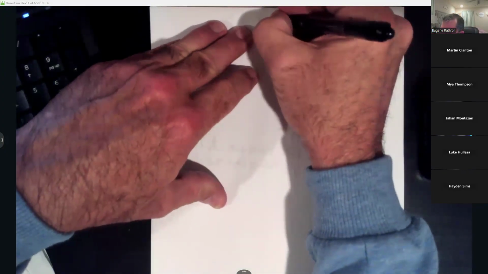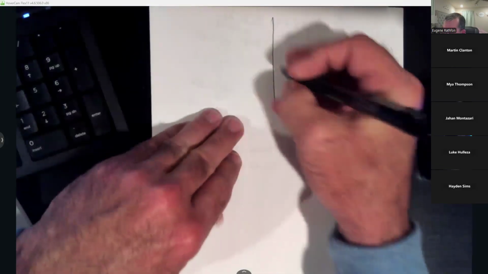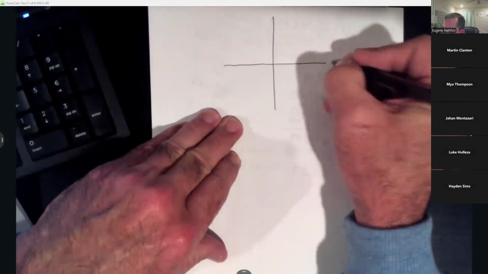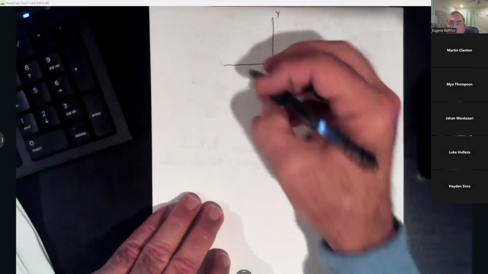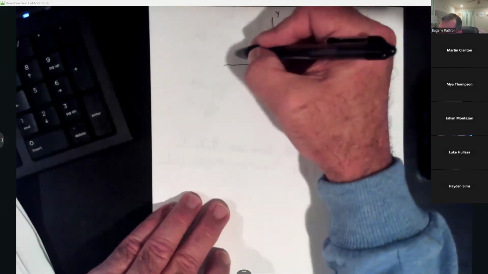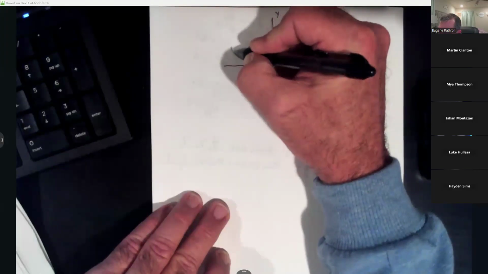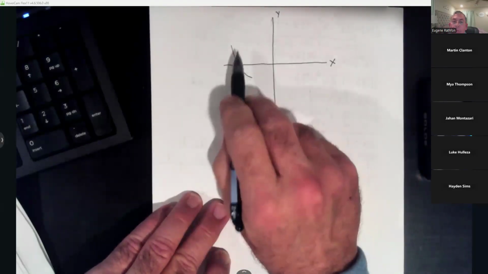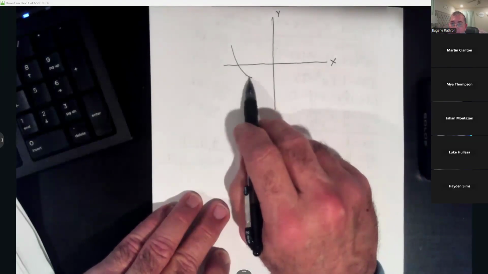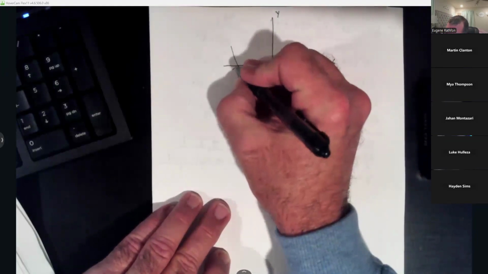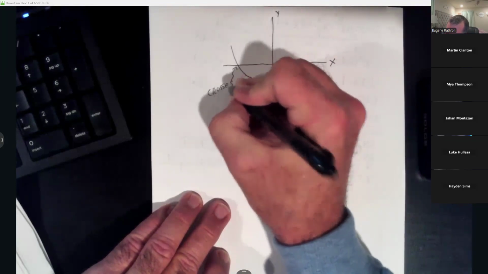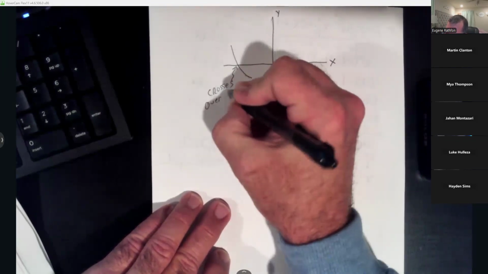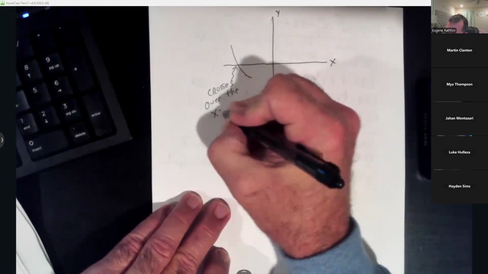So let me draw this real quick. See, all these graphs will either cross over the x-axis, like this one crosses over the x-axis, okay?